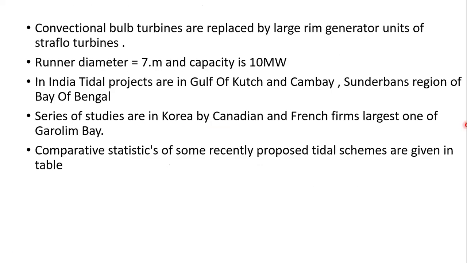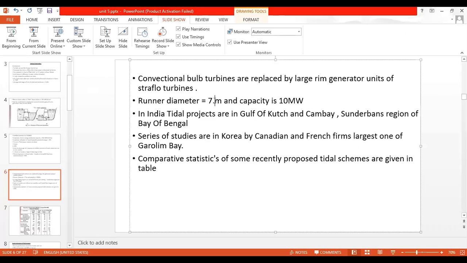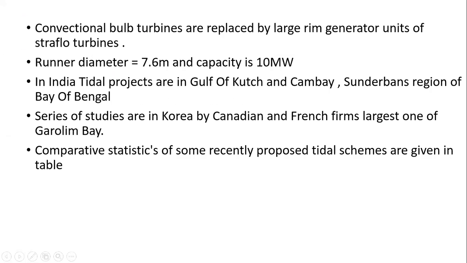So the conventional bulb turbines are replaced by the large rim generator units of Straflo turbines with a runner diameter of 7.6 meters, and the capacity is about 10 megawatts.